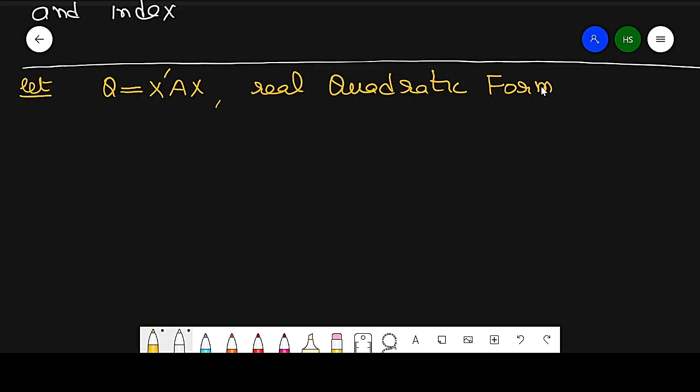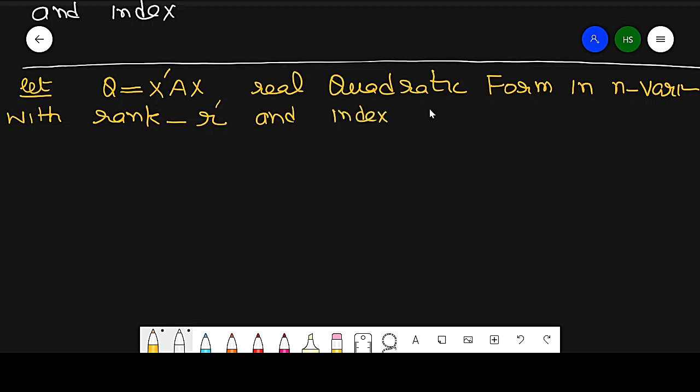If it is a real quadratic form in n variables, with rank r and index s, this form is said to be, remember all the things.